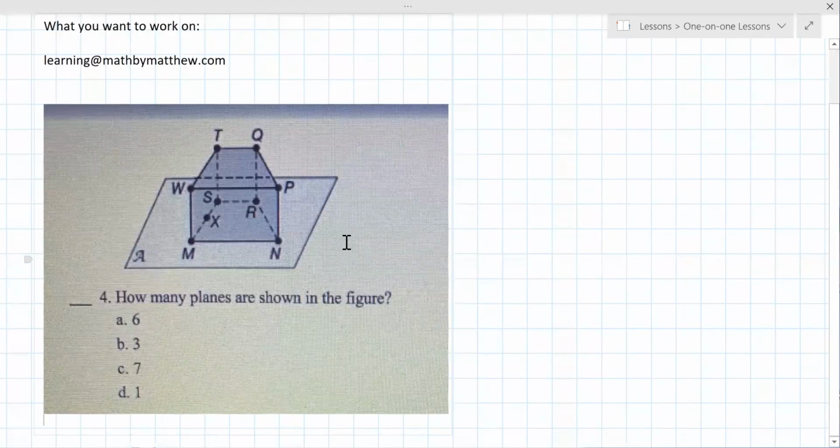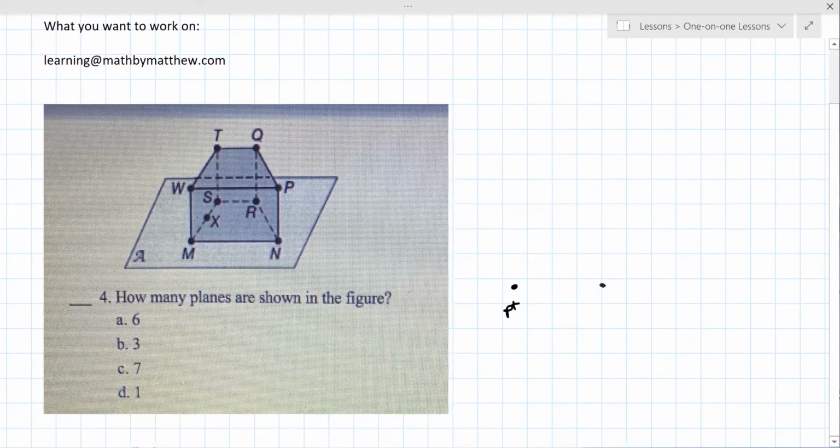Okay. So let me snip in the first question, and then we can talk about it. Do you see question 4 on your screen? Yes. Okay. How many planes are shown in the figure? You know that there's a point.